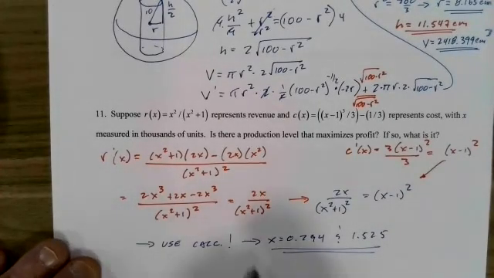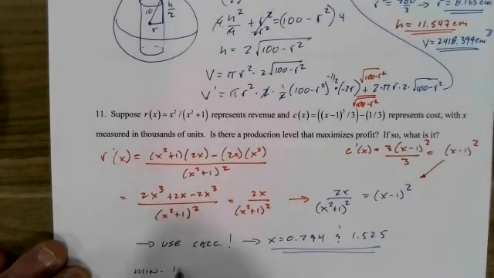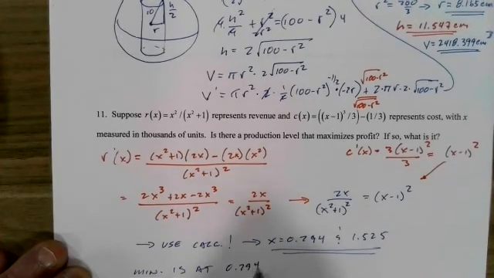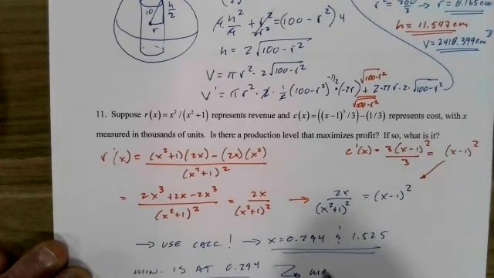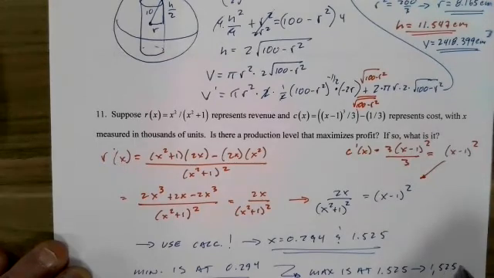So you play with it, you put it on that number line, you say the min is at 0.294. Don't want that. The max is at 1.525. So you want to make 1,525 units to maximize your profit.